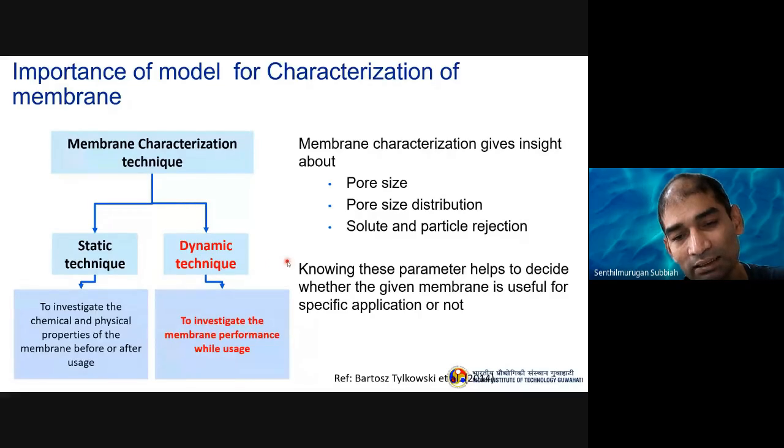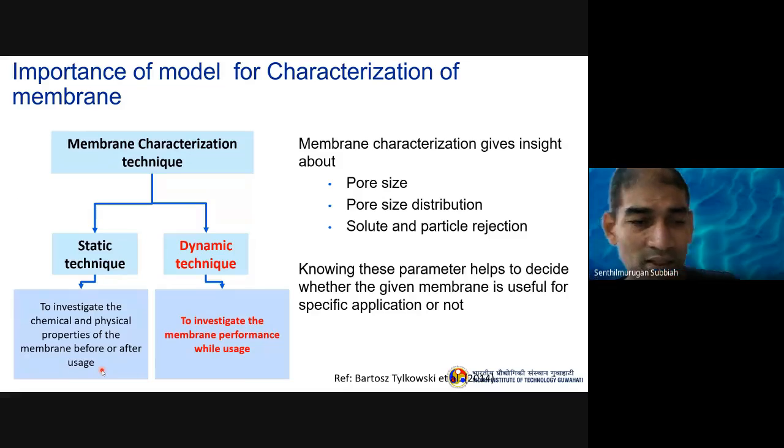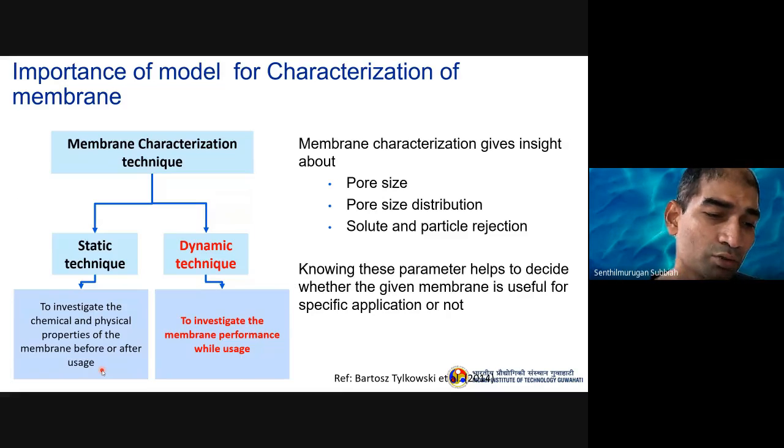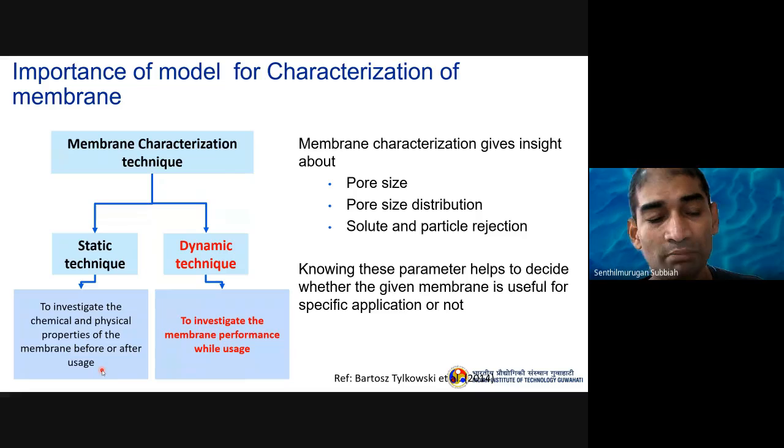The static technique is used to investigate the chemical and physical properties of the membrane before and after usage. What it means is that we take out the membrane and then we use some instruments to analyze the membrane. But in the dynamic technique, the membrane is being operated, and we will be able to predict how the membrane is behaving.